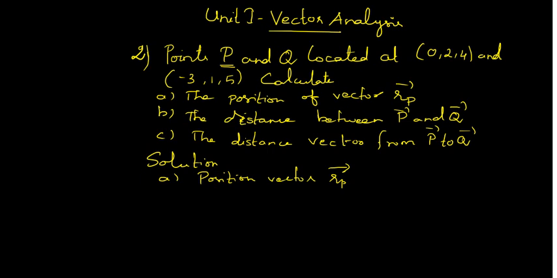So Rp vector is given by, which means it is from the origin to P, the point P. Okay, so ROP is equal to Rp vector minus Ro.